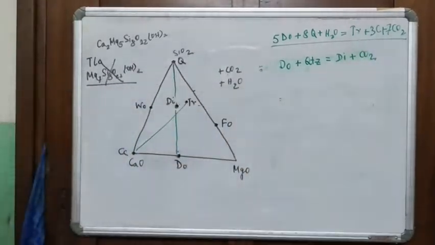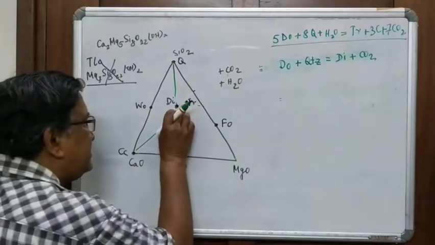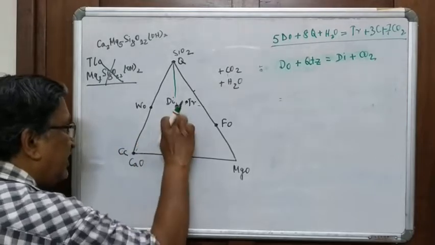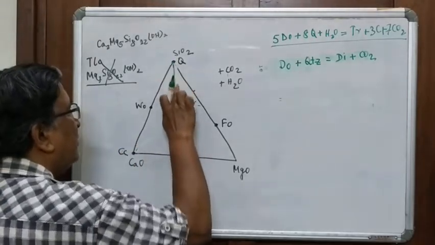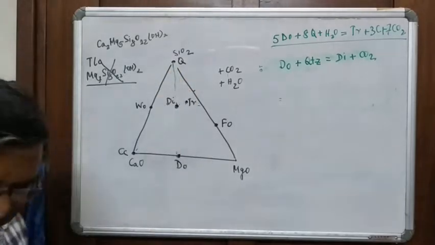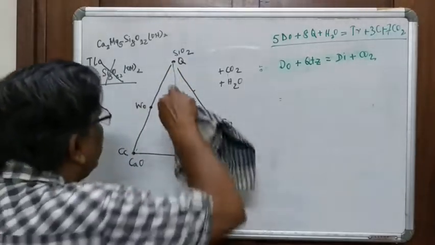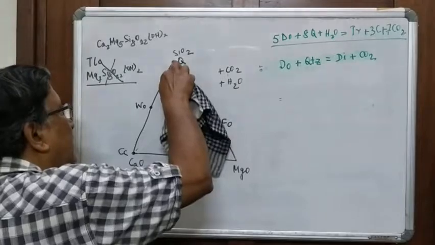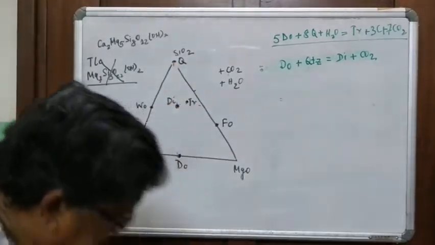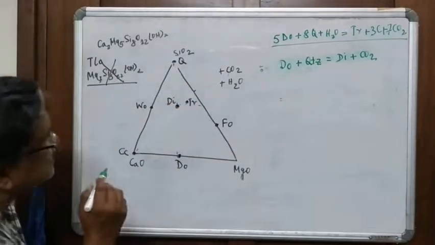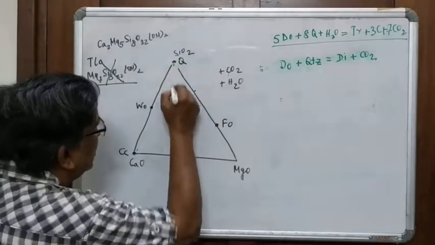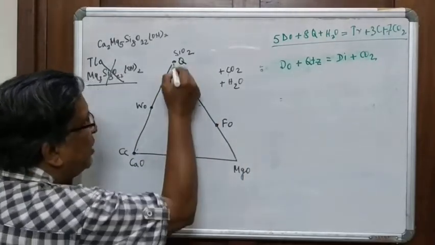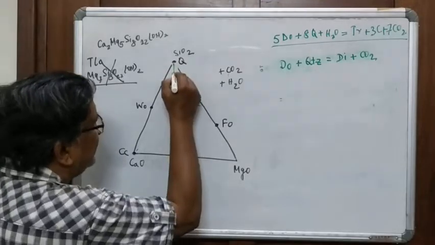So that means, if I now erase this, dolomite plus quartz once more, and you have diopside on the green line here.